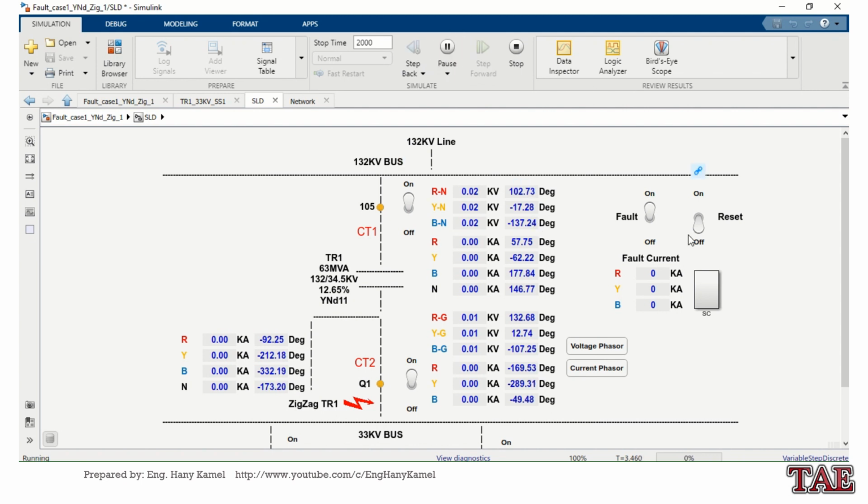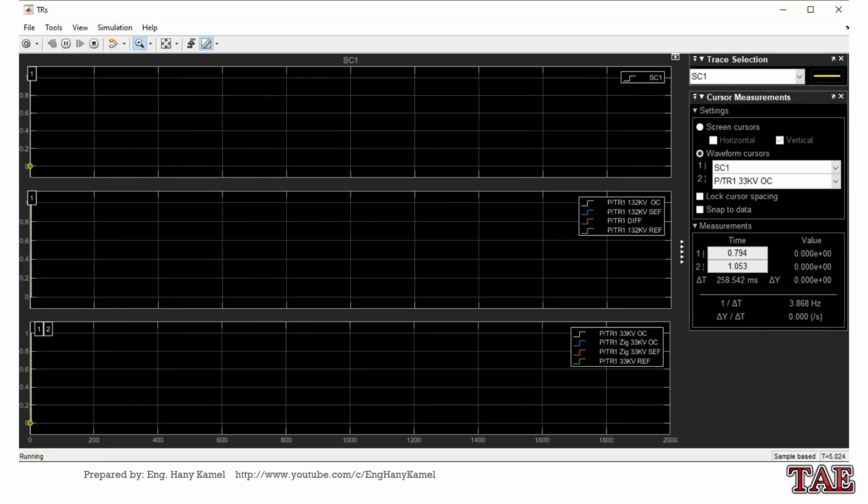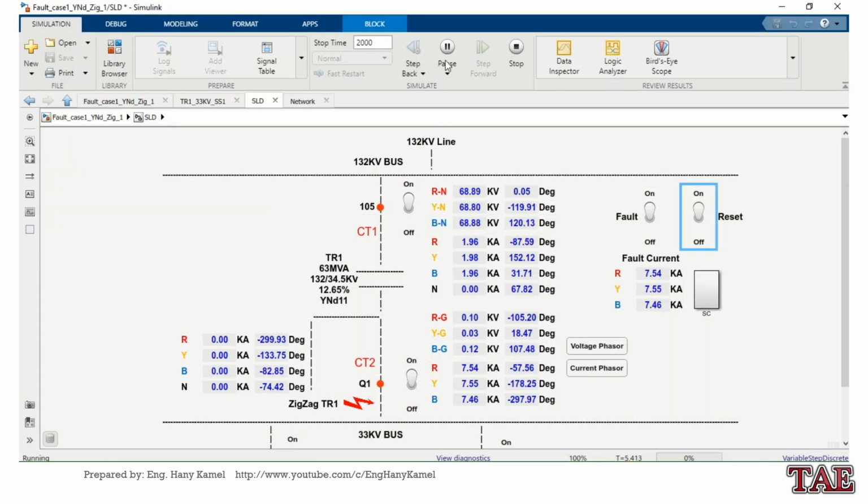I will make a force reset for the breakers. You can see if any of these protections will trip or not. I will pause. Let's see.